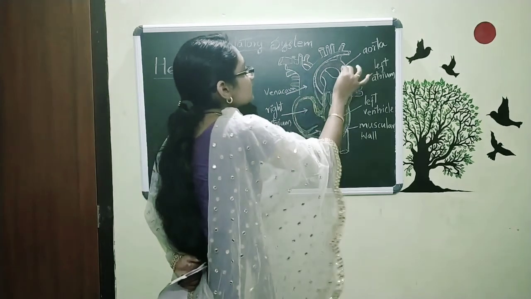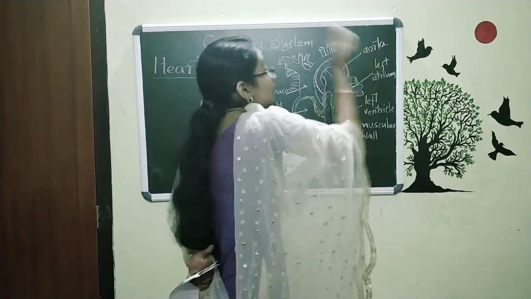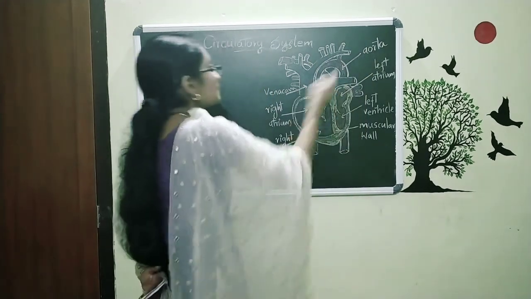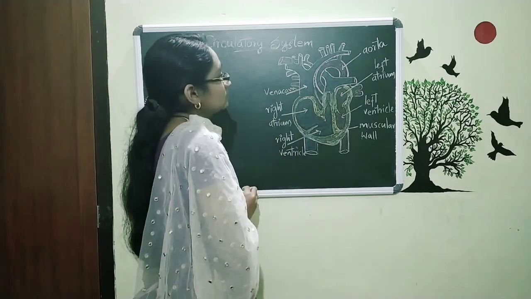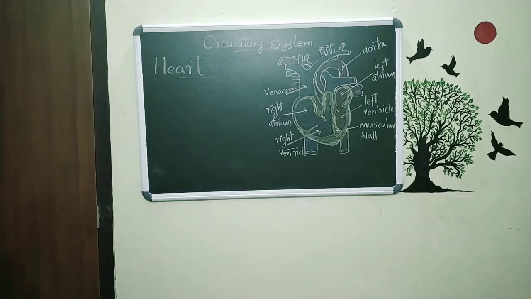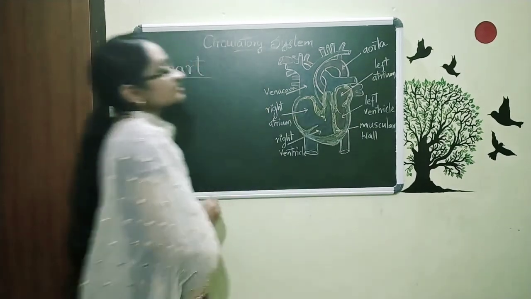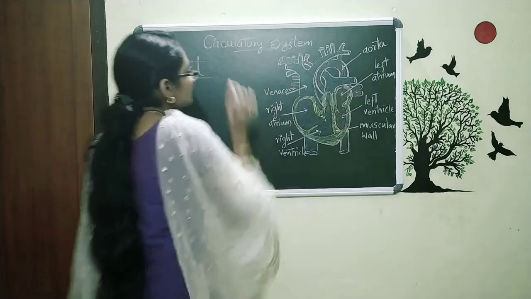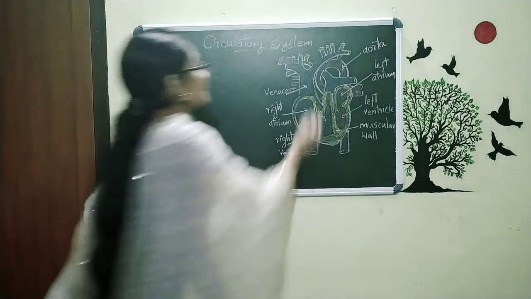Here, this section is called aorta. And correspondingly, here we have vena cava. This aorta is also called the main artery, and this vena cava is also called the main vein.